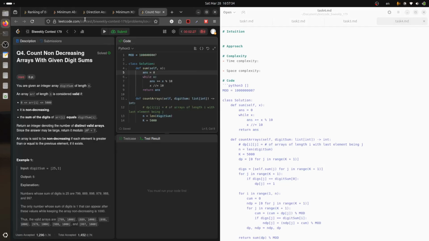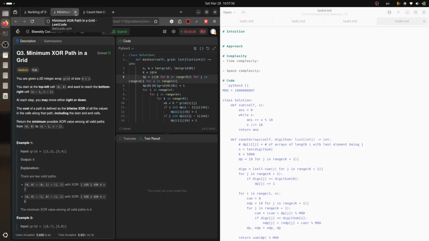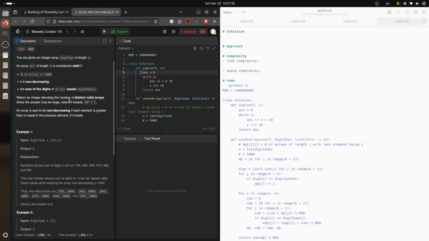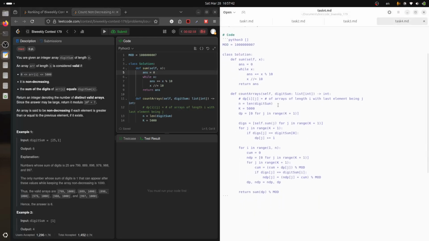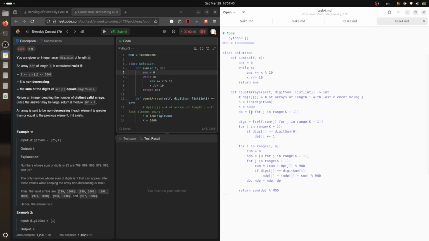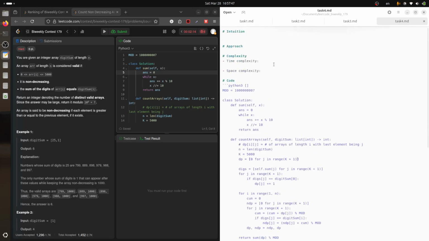And now quickly task 4. So we can close this. For task 4, this was surprisingly easy, right? So basically what we need to do is a dp[i][j].